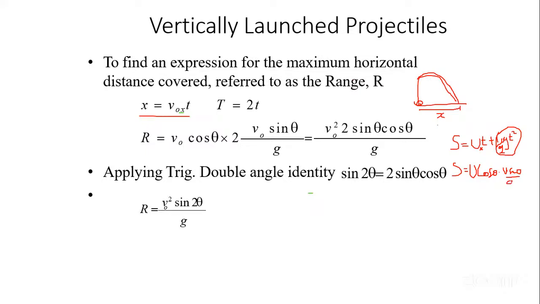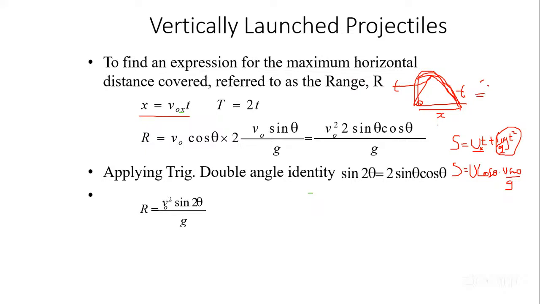Remember that our time is u sine theta over g. Now, one thing you need to know is that the object starts here, gets to the maximum point, and then returns. From here to the maximum point is t, then from the maximum down to this final point is another t. So the time we use in this equation should be doubled.